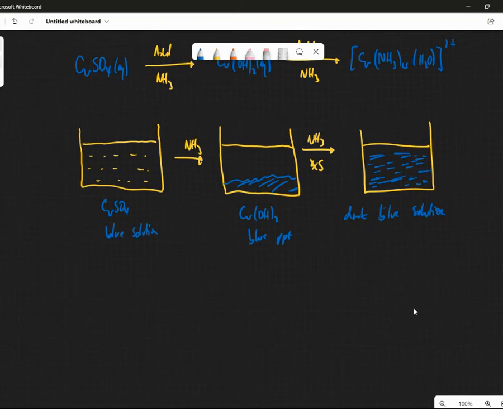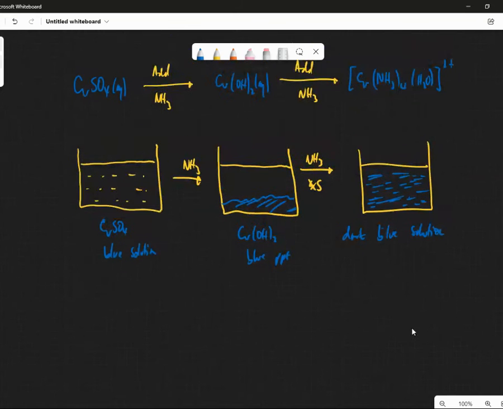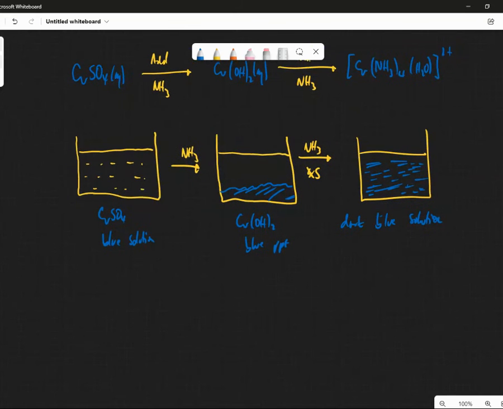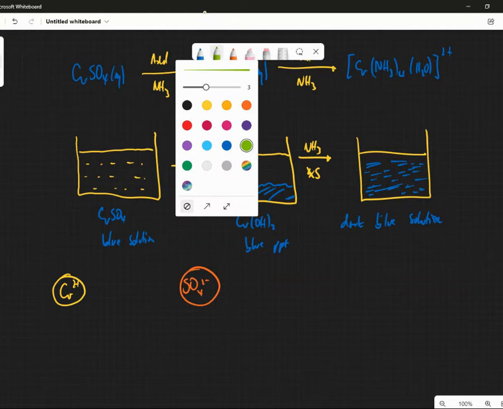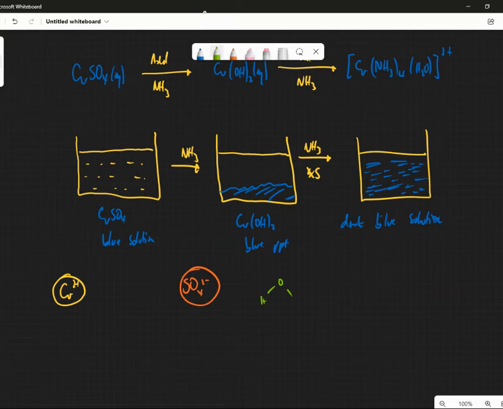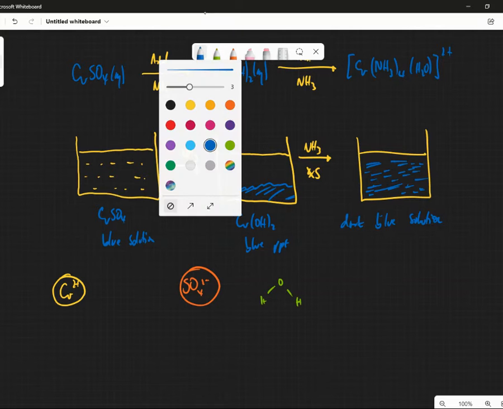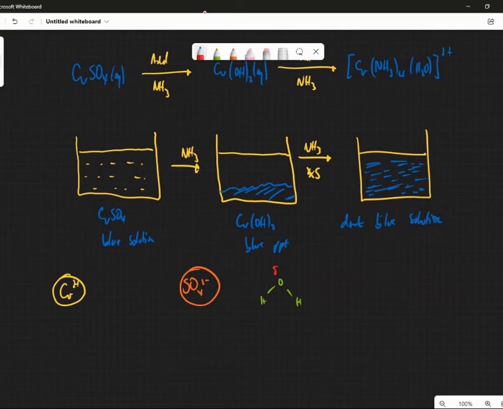There you go. Now, what's going on? Now we get into the weird stuff. The copper ion is positive and the sulfate ion is negative. Water molecules, as you all know, look like this, H2O, but they have something very special about them. The oxygen is more electronegative and the hydrogen is more electropositive, so they have a dipole.